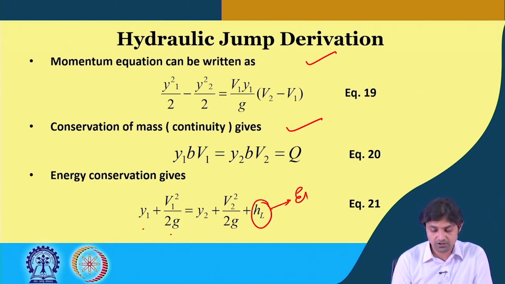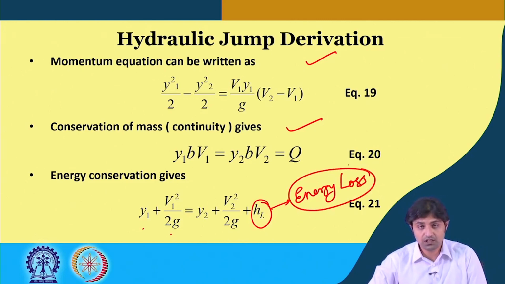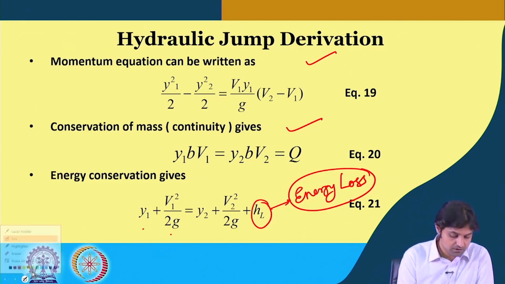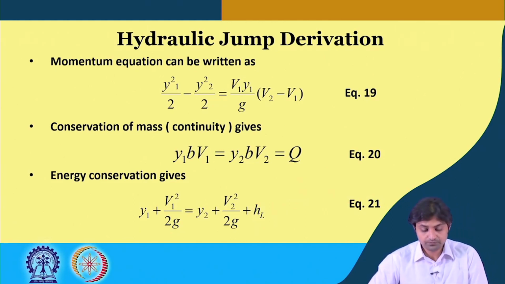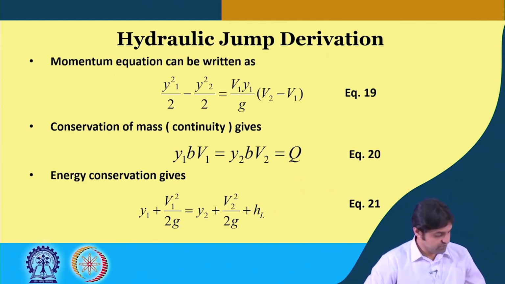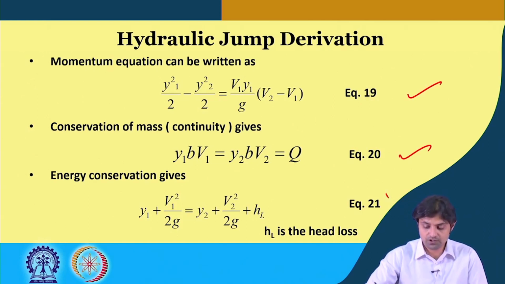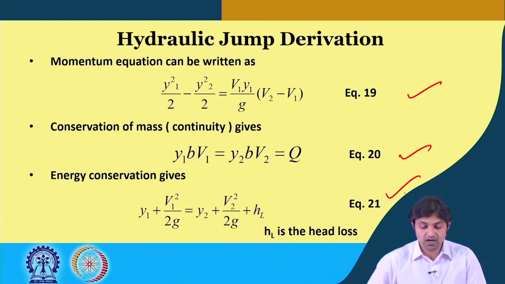This is the energy loss, because in the rapidly varied flow there is going to be some energy loss because of the transition from one flow regime to the other, or because it is a very complex process. So, we assume there is going to be an energy loss. As I told, HL is the head loss. So, we have one equation, two equations and three equations.